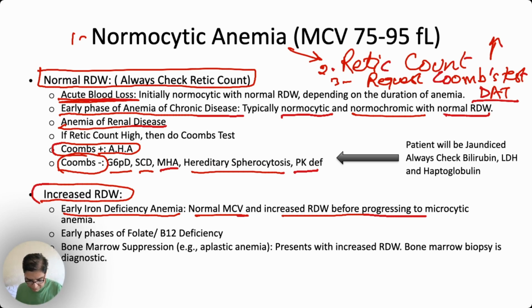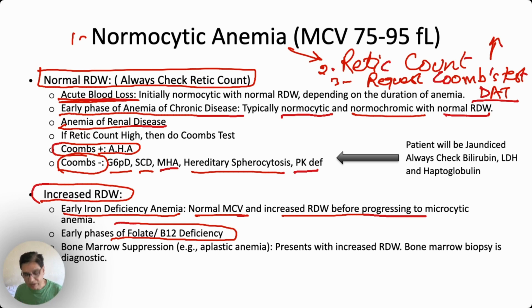You can also get it in early phases of B12 and folic acid deficiency. We normally say that they present with macrocytic anemias, but in early stages of B12 and folic acid deficiency, you can still have normocytic anemia with an increased red cell distribution width. Later on, they would go macrocytic, and not only macrocytic, that would turn into megaloblastic, like big cells, lumpy cells.